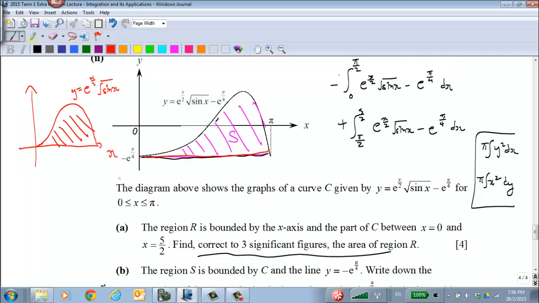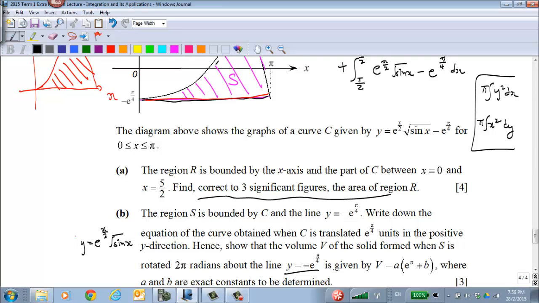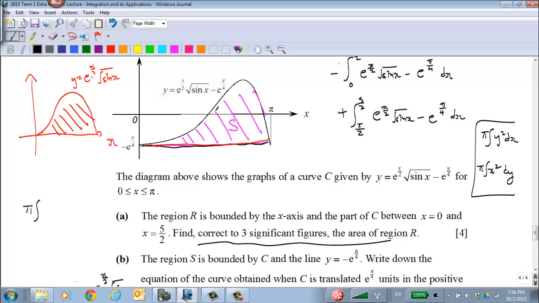So because of this, the way that we solve it is pi y squared dx, which is e to the x sine x, integrate from 0 to pi, because if you think about it, when you translate up, the x coordinates still remain at 0 and pi, dx. Okay, this will be the expression. Let me do this properly. So this will be the actual volume.